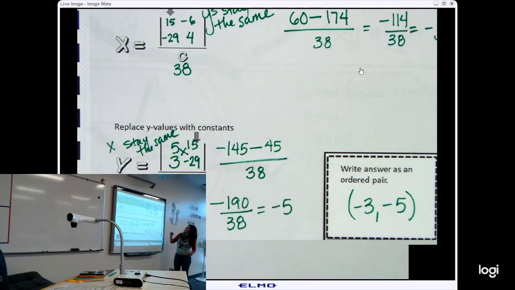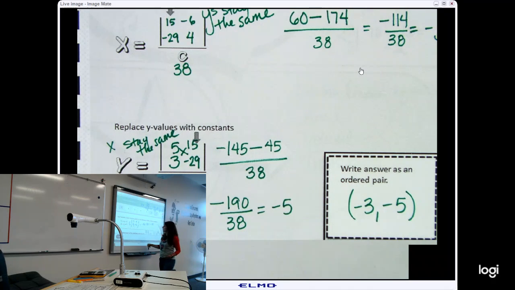What is that? Negative 76 over negative 78? Reduce that for me. Anyone? Got it for me, Hannah? Type it in. 38 over 39, I believe.